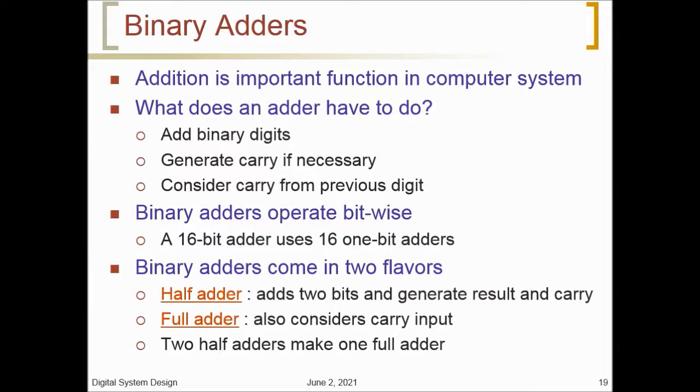The most basic arithmetic operation is the addition of two binary digits. This simple addition consists of four possible elementary operations: 0 plus 0 is equal to 0, 0 plus 1 is equal to 1, 1 plus 0 is equal to 1, and 1 plus 1 is equal to 10. The first three operations produce a sum of one digit, but when both augend and addend bits are equal to 1, the binary sum consists of two digits.